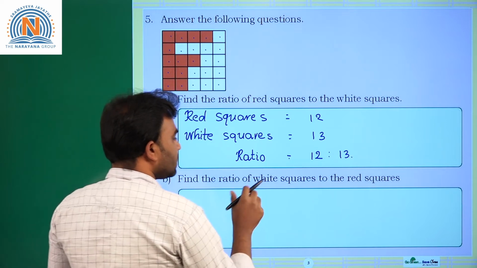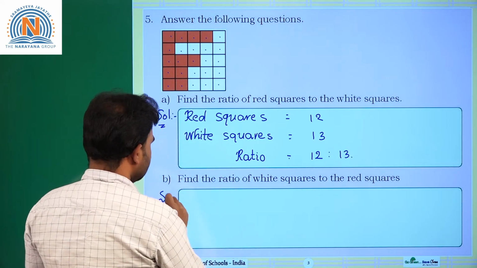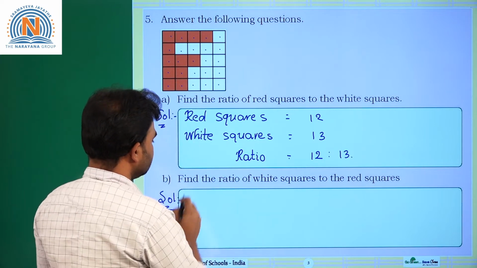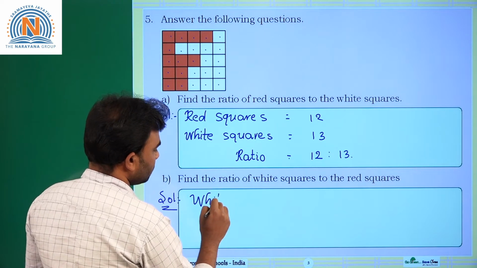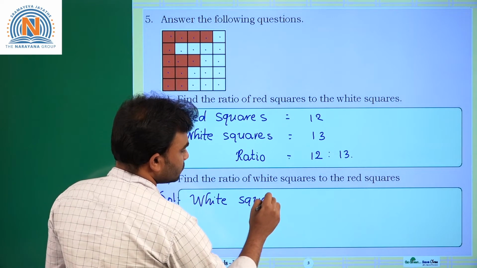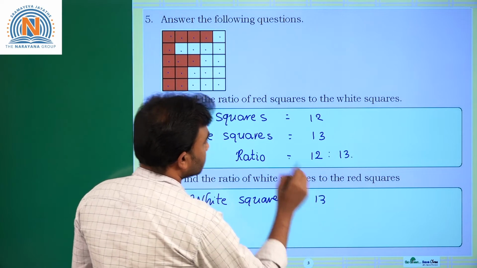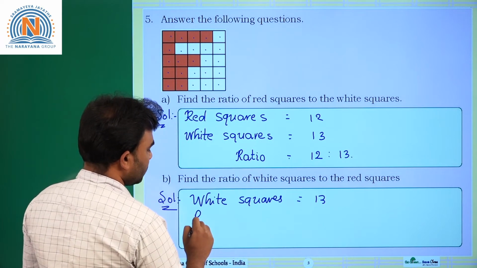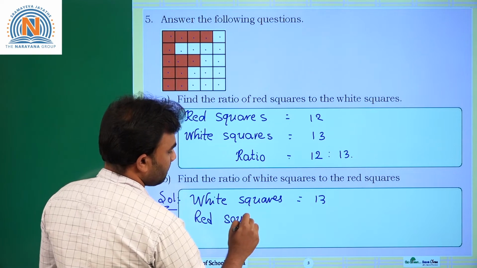Next one, find the ratio of white squares to the red squares. Same as the previous problem. See here, white squares. How many white squares are there? Before we counted all the squares, right? White squares are equal to 13 in this, and red squares, how many red squares are there?